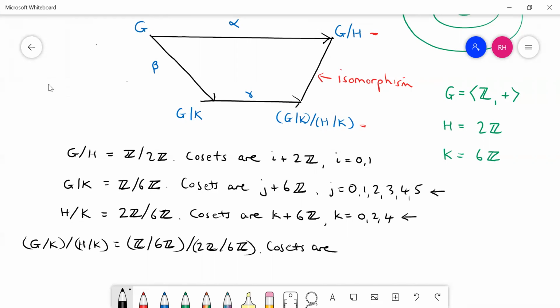So I suppose what you could do is you could say, well, look, it's K plus 6Z, which you understand, Mr. Alien, plus we'll also add an L, where L will be 0 or 1. Now, if you compare this to this, you'll see that you get all the cosets.